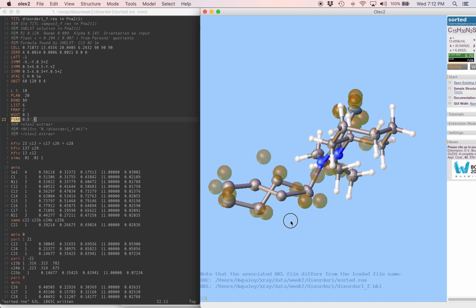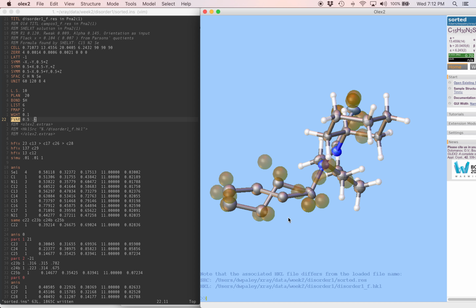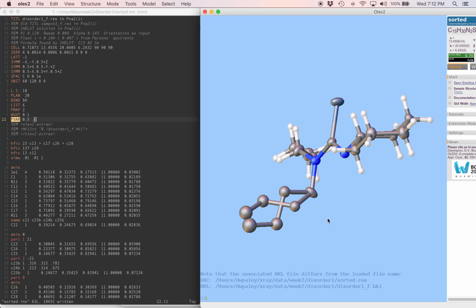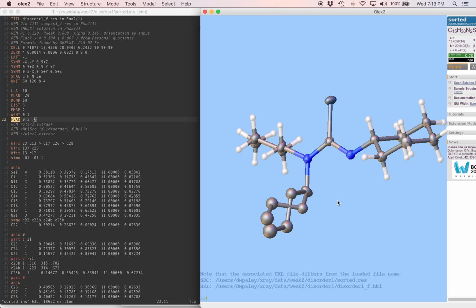The next thing we're going to do is add hydrogen atoms to the two disordered parts. That's straightforward for the actual disordered atoms, but it's a little less straightforward for the first ordered atom. That's because when you put in hydrogen atoms, you need to look at the neighbors of the atom you're putting hydrogens on.